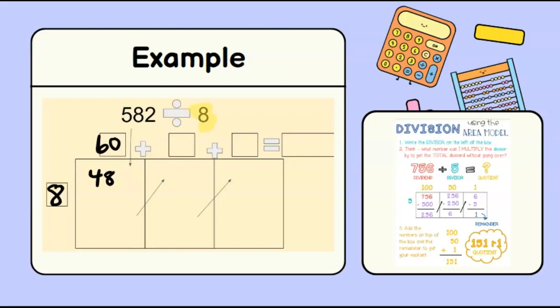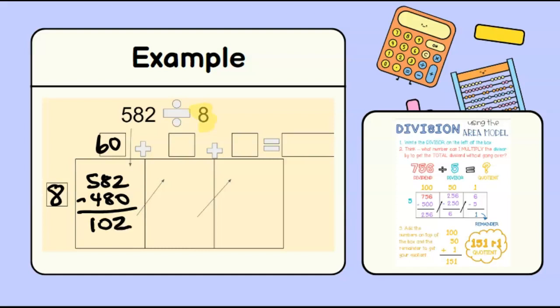So I'm then going to take my 582 and subtract 480. That's going to leave me with 102.